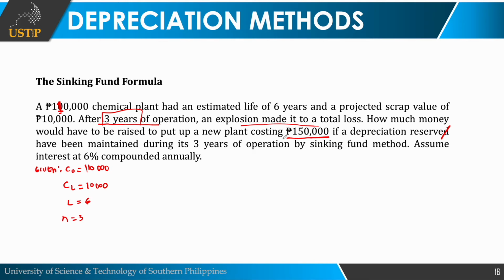So that means we need to find the accumulated depreciation after 3 years, because that is the equivalent fund we have available.